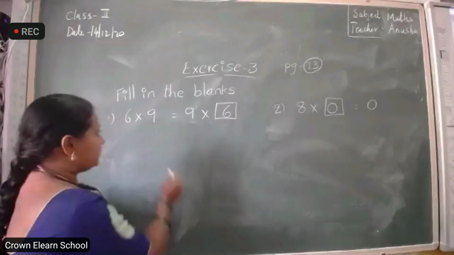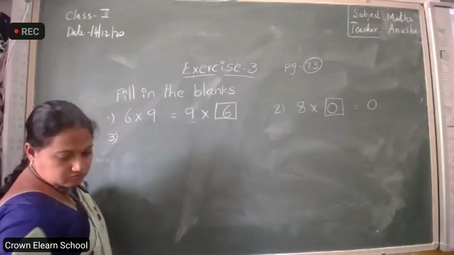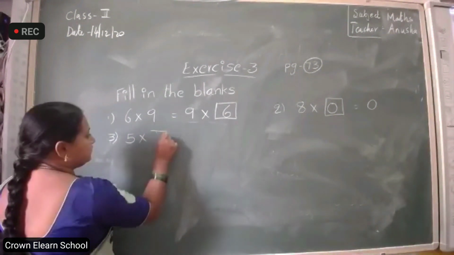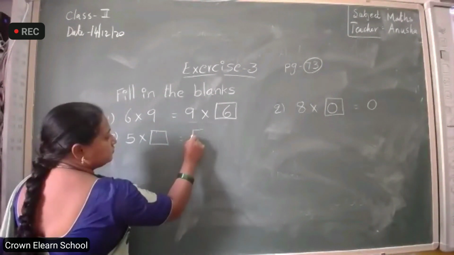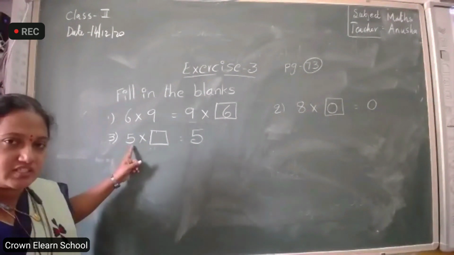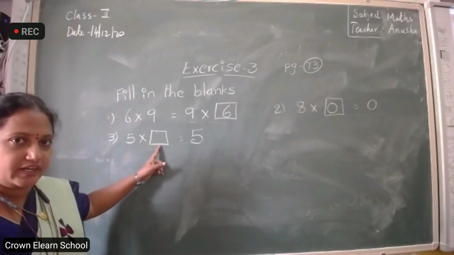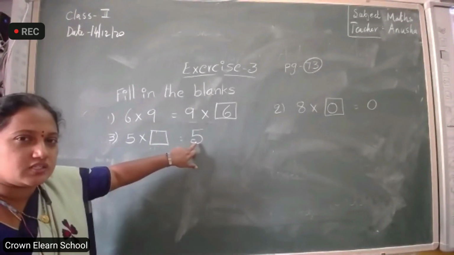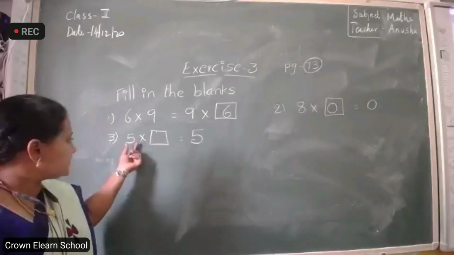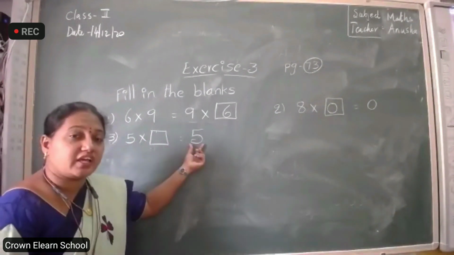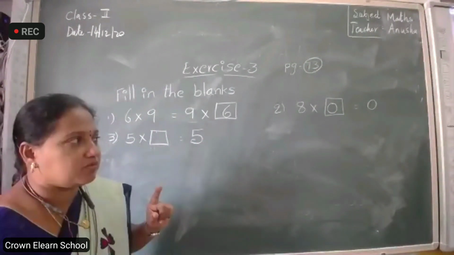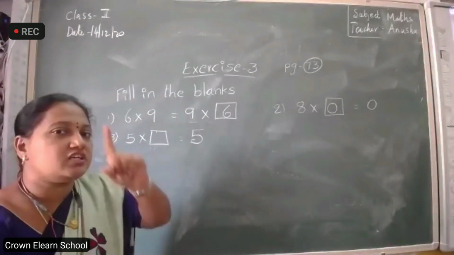Okay. Now next one. Look at the third one. Here the first number is 5. You don't know the second number. Just observe: answer means product. What is the answer here? 5. So the first number is 5 and the answer is also 5, the same number. When we get the same number, we multiplied with 1.